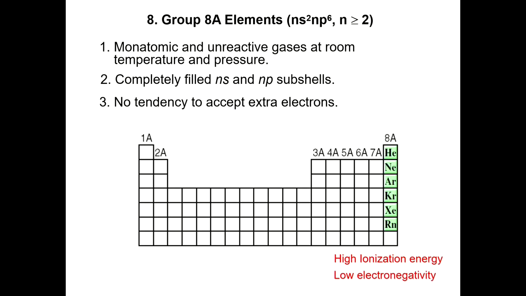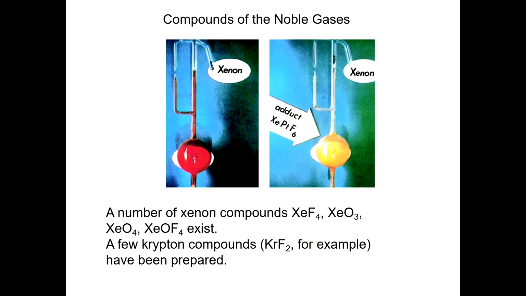Okay, group 8A. So this we know is the noble gases, right? Of course, they also have high ionization energy because they are stable. So they don't want to lose electrons. Basically, they are stable. But sometimes they can also form compounds.